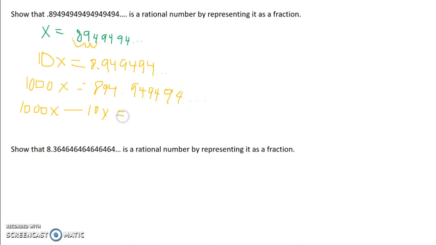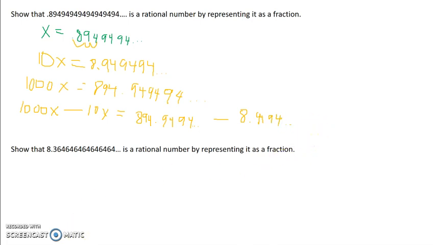And when I subtract that, that's going to equal 894.9494, I'm only going to write it 2 times, dot, dot, dot, minus 8.9494, dot, dot, dot.